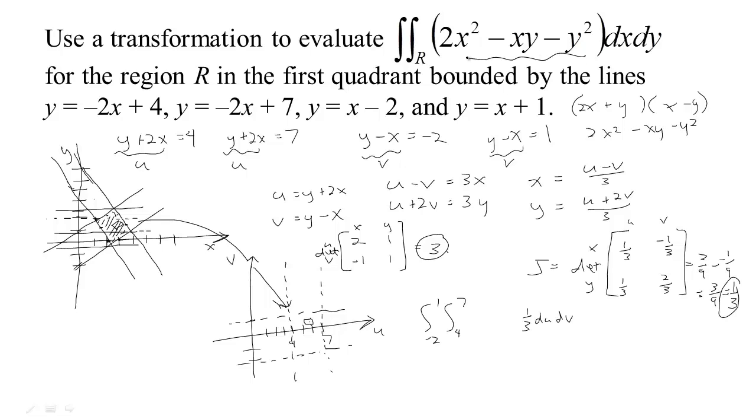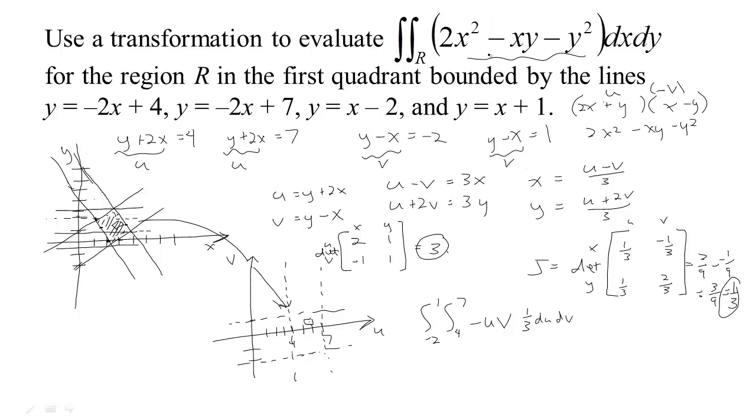So this thing that we're integrating is actually 2x plus y times x minus y. But 2x plus y is actually u. So this is u, and x minus y is v, right? Well, v is y minus x, so x minus y would be negative v. So this integrand actually is negative uv.